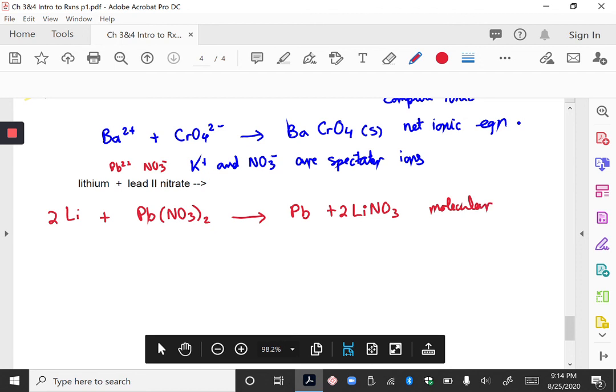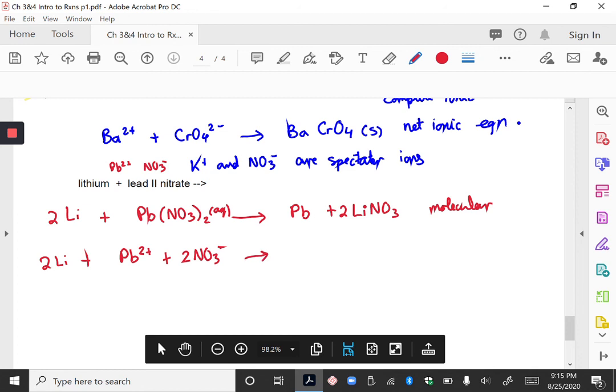To show the complete ionic, this is just lithium solid. It's not really made up of any ions. It's just neutral lithium, so I can't really do anything to it. I have to write it as is. This is an ionic compound that is soluble, so we can split it up into the ions, Pb2+ and 2 NO3-.